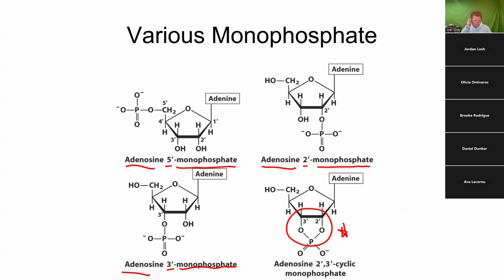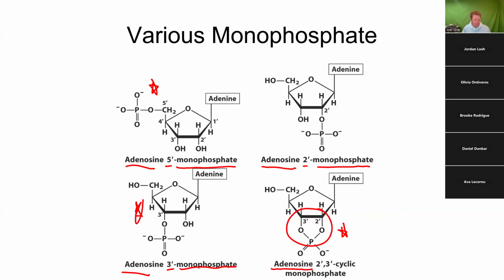This cyclization can take place. More times than not, what's really important for biochemists to know, this one and this one. This is a little bit less common, this one being the 2' monophosphate. Now, this one in the lower right-hand corner, adenosine 2' 3' cyclic monophosphate.